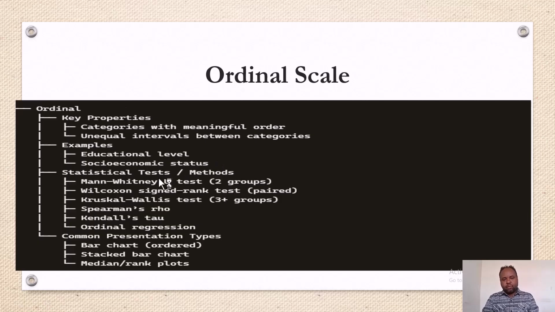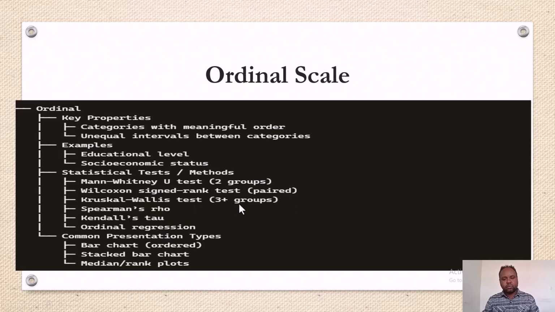What the appropriate statistical tests can be performed with ordinal scales include, most of these are non-parametric tests, except the ordinal regression, right? Mann-Whitney, Wilcoxon, Kruskal-Wallis, Spearman's rho, Kendall's tau, these all are non-parametric.